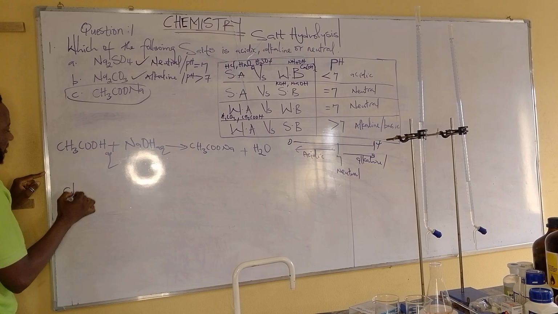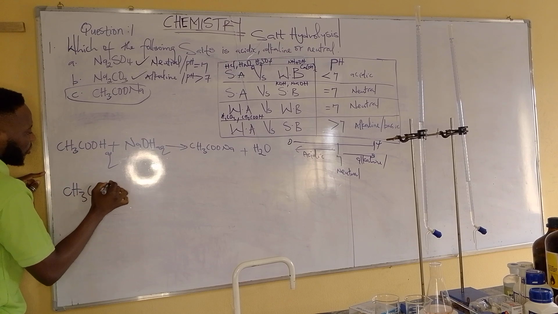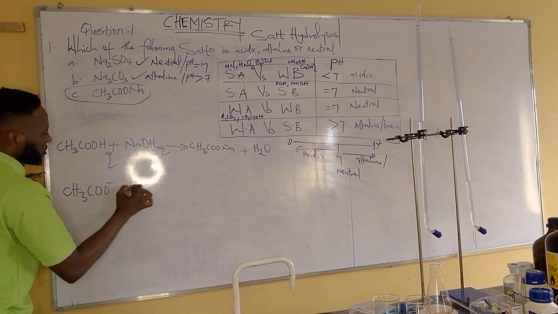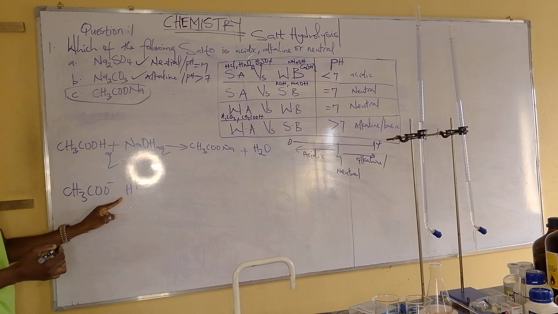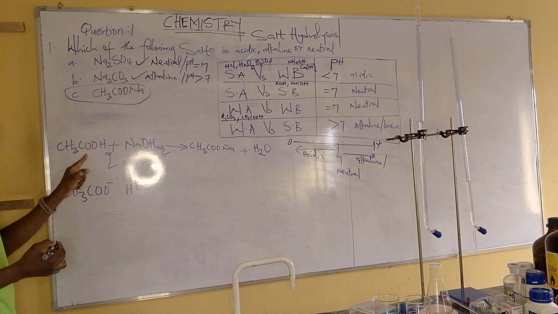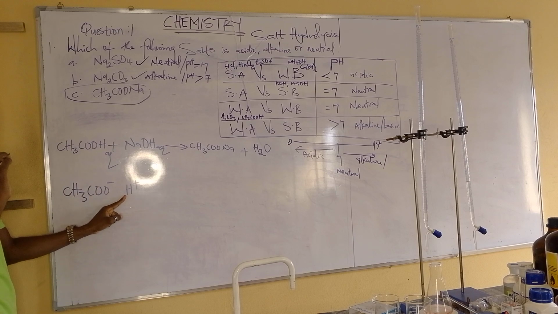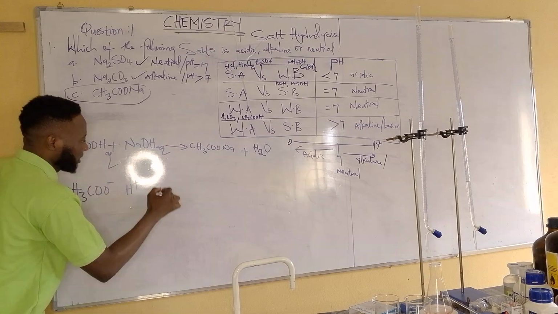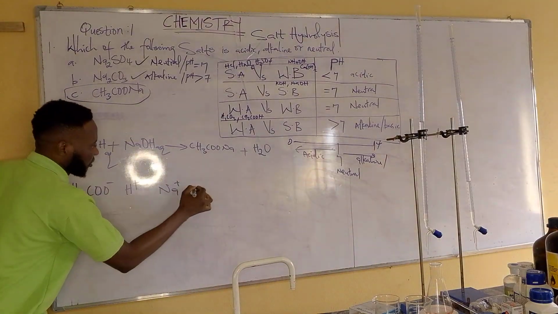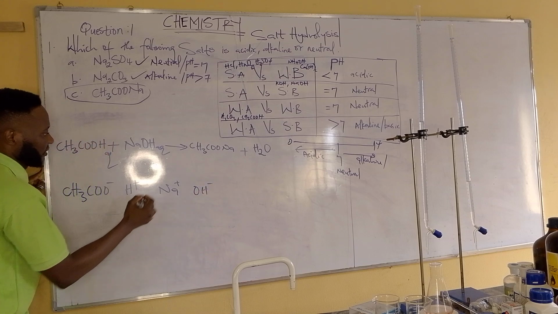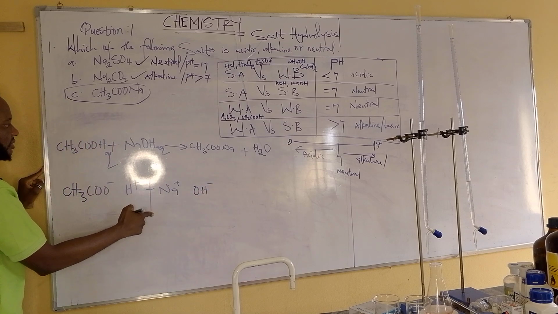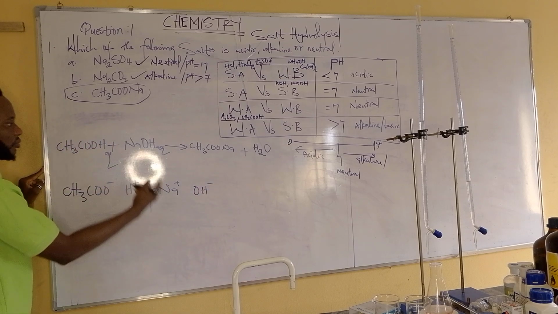CH3COO minus, hydrogen is plus. This is the ionic equation that will give you the basicity. The basicity of this acid now is just 1. So for sodium, write the equation, Na plus OH minus. I've broken this one down, I've broken this one down.